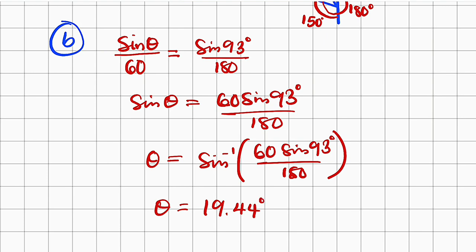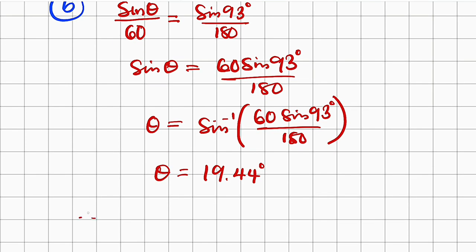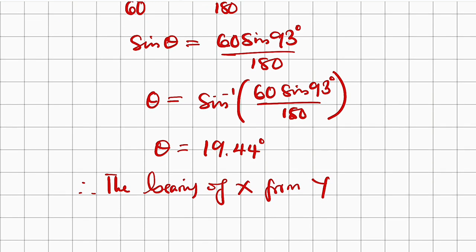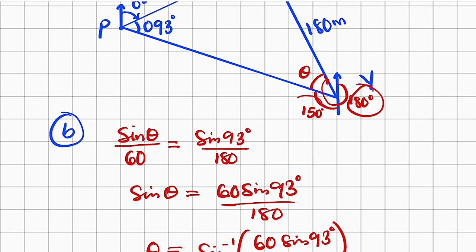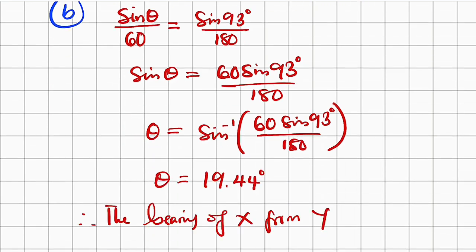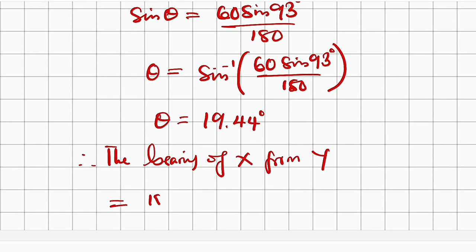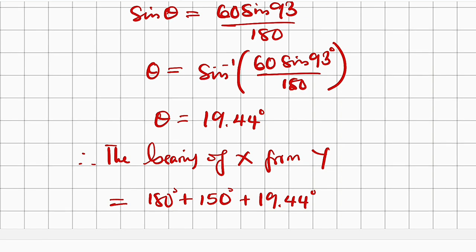19.44 degrees. Therefore, the bearing of X from Y is equal to, remember at the back we have 180, we have 150, then theta. We have 180 plus 150 plus, lastly, the theta, which is 19.44 degrees.